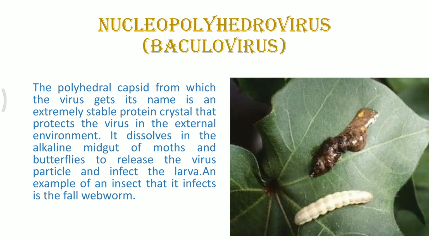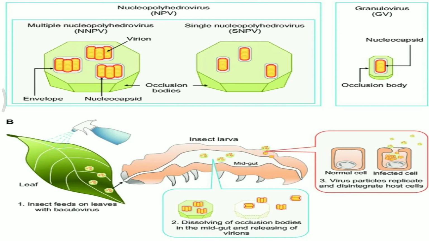The main function is that it dissolves in the midgut of moths and butterflies, and within 3 to 7 days it shows its action, and the insect, any kind of caterpillar or butterfly, dies because of bursting of the gastric part. You can see the example over here.